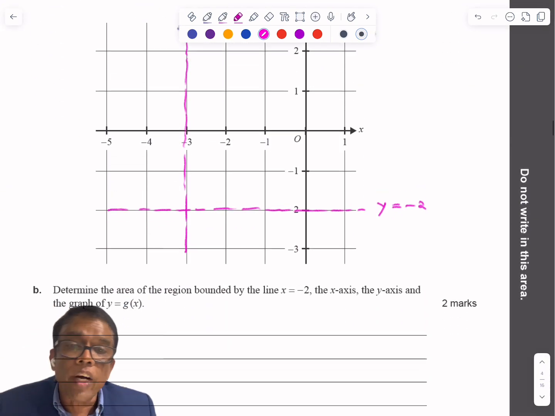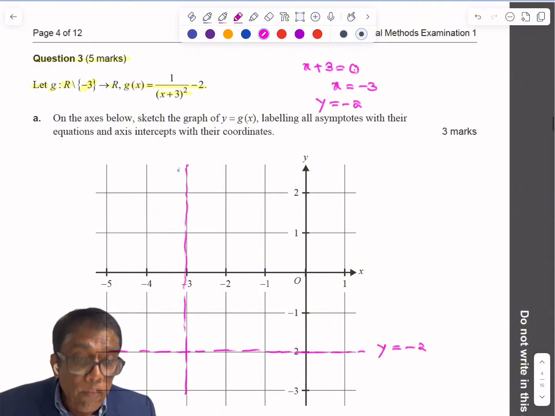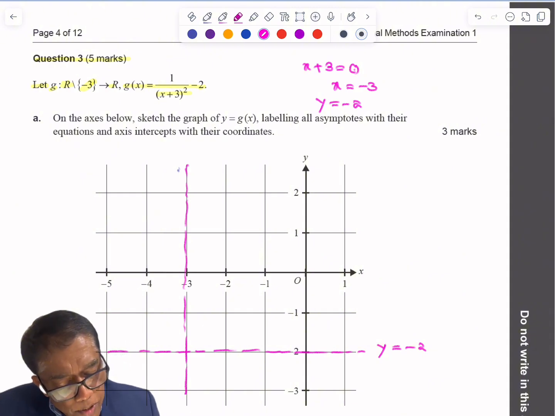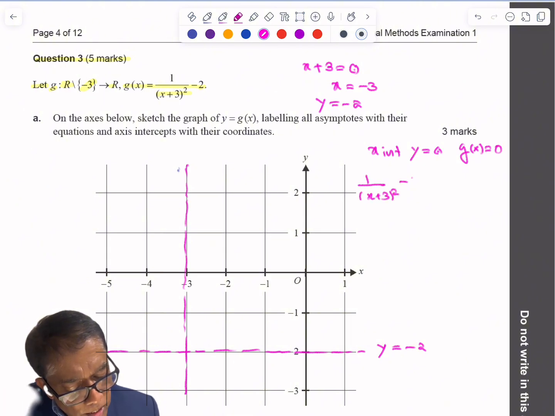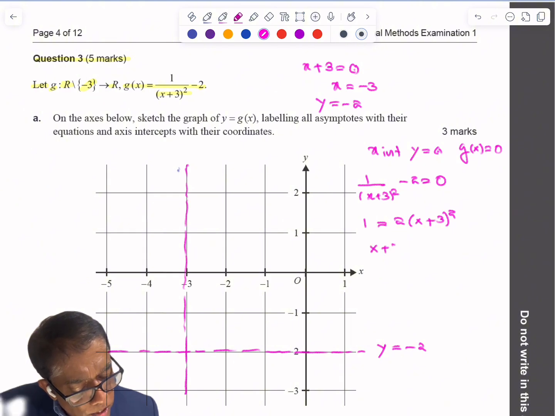Now we have to find the x-intercepts and y-intercept. How do we find the x-intercepts? X-intercepts occur when y is equal to 0, or g(x) is equal to 0. So 1 over (x plus 3) squared minus 2 is equal to 0. 1 is equal to 2 times (x plus 3) squared. (x plus 3) squared is equal to half.